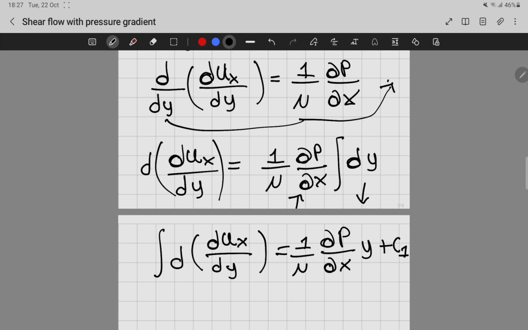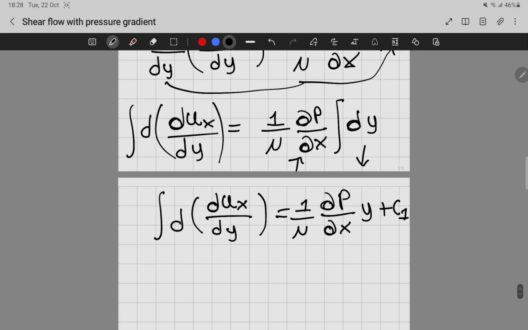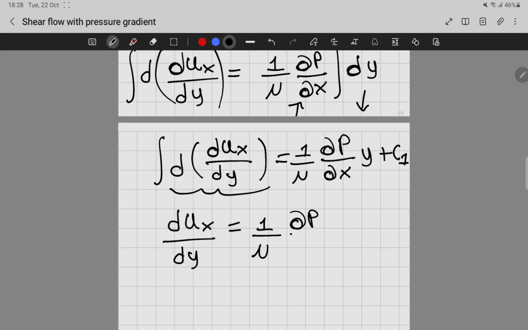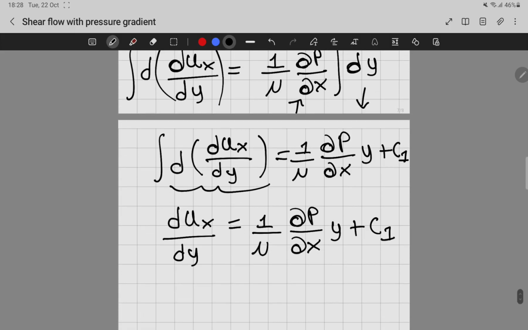So we have the differential of this gradient. And now, yeah, it's fine. So this integral is just simply expressed as this. So we have our first constant of integration.